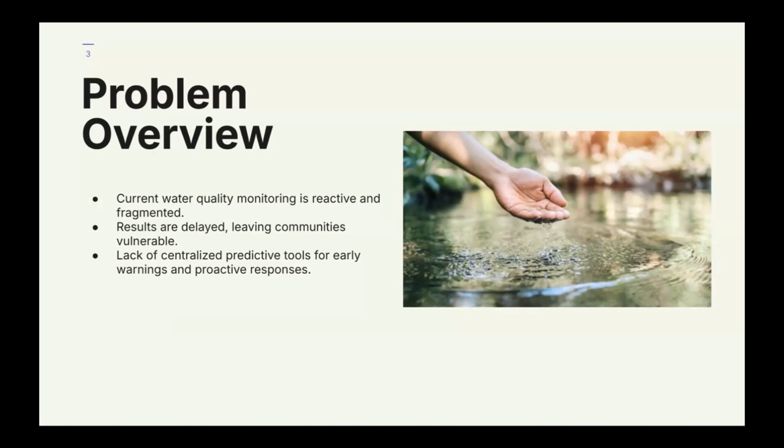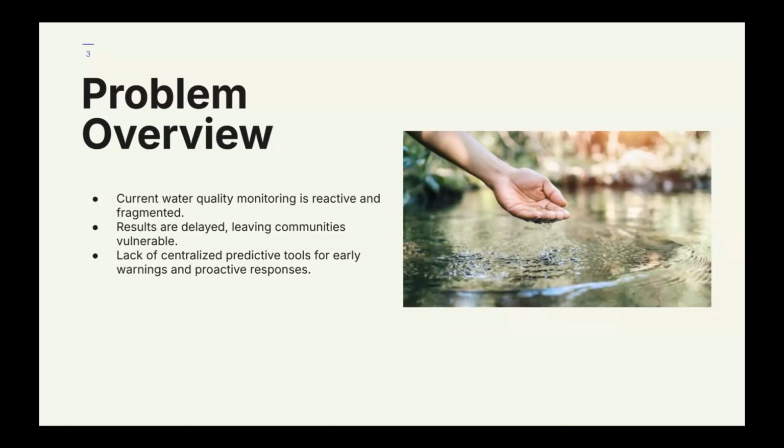And because of this, public health systems are often left to respond reactively and to address contamination only after it has impacted communities. And so this reactive posture is both inefficient and leaves vulnerable populations at greater risk, especially those affected by climate change and resource constraints.